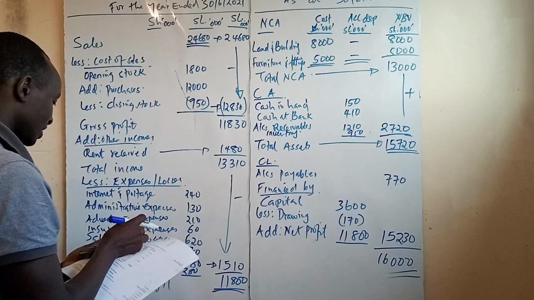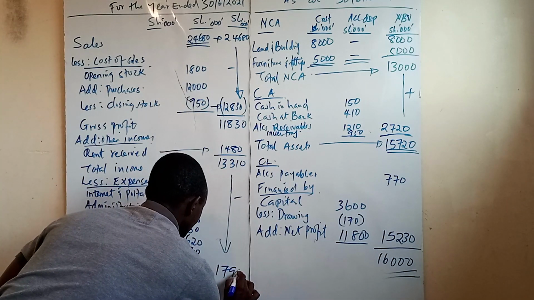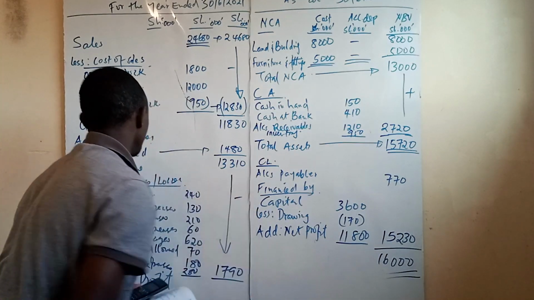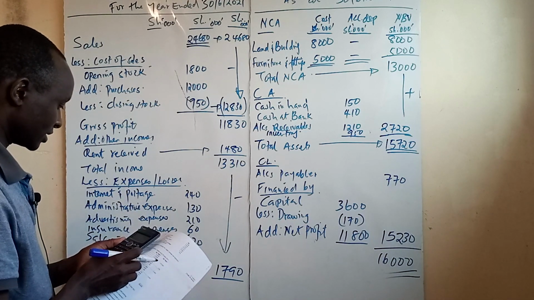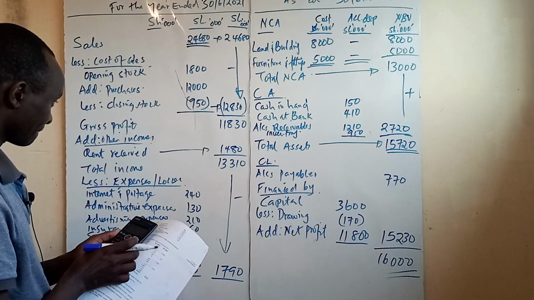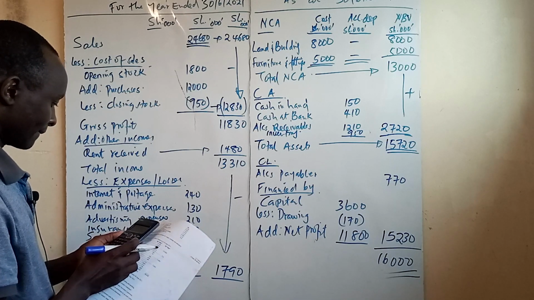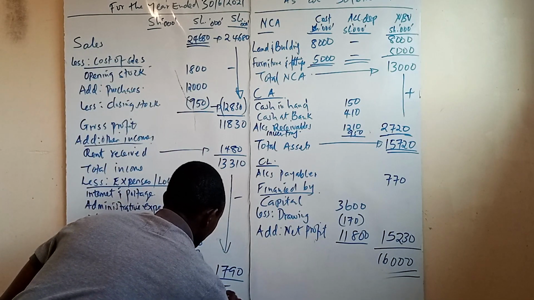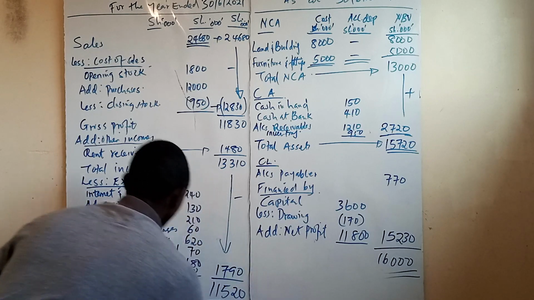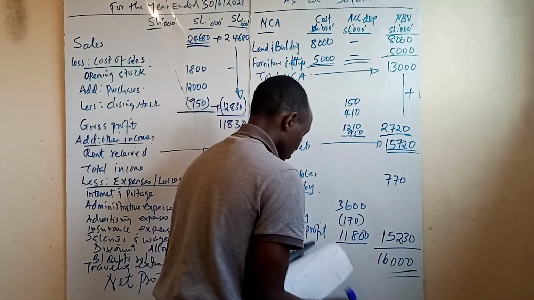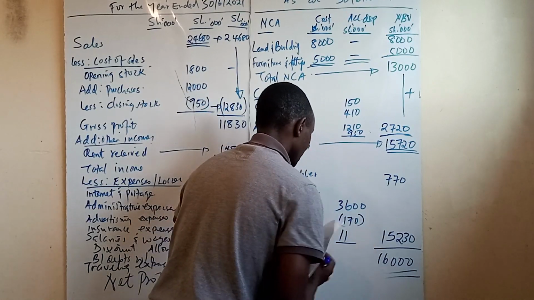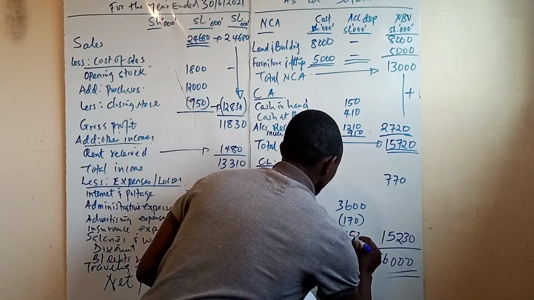So when you add all the expenses, it will be 1790. When you take the total income received minus the total expenses, you'll get 11,520. This is the correct net profit. So that is the one that we are going to take to this other side of financed by, 11,520.